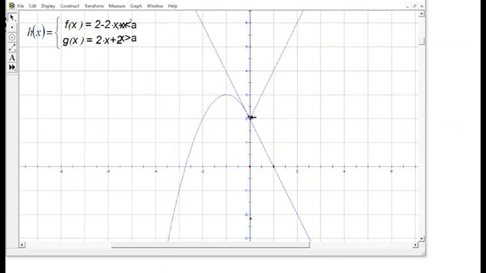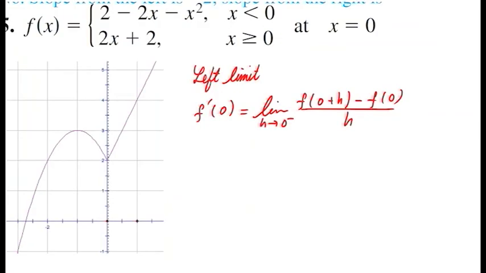So we are trying to get that tangent. And then we expect this slope to be negative, if you can guesstimate it, right? Negative 2-ish is what that slope looks like, about. Okay, let's see how good our guesstimation is.